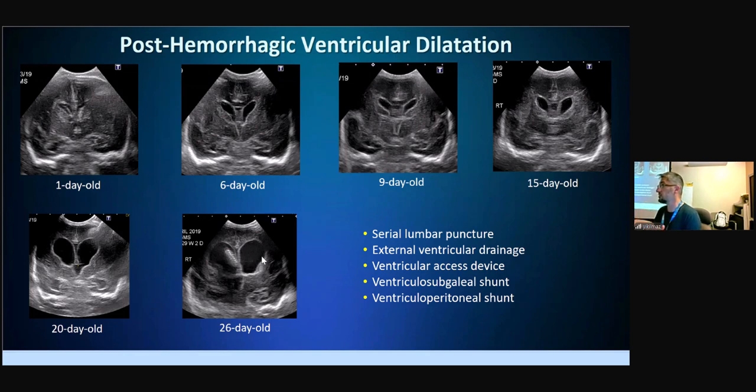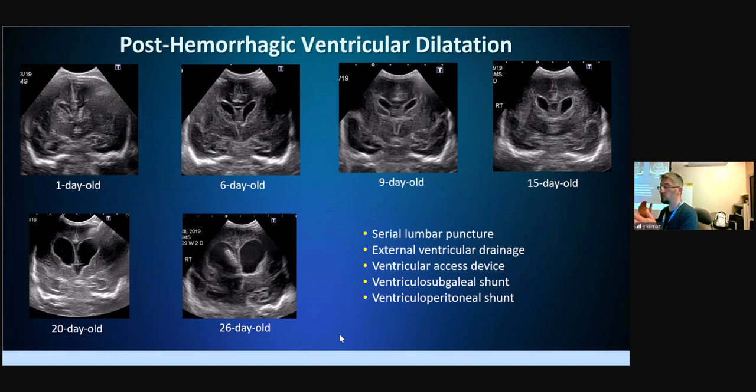The pediatricians do serial LPs once a day, 10 cc tapping, and they repeat this three days consecutively. They aspirate 10 cc CSF by doing a lumbar puncture. This is usually the initial response when there is dilatation. Then these are the other options: external ventricular drainage, ventricular access device, ventricular subgaleal shunt, ventricular peritoneal shunt.